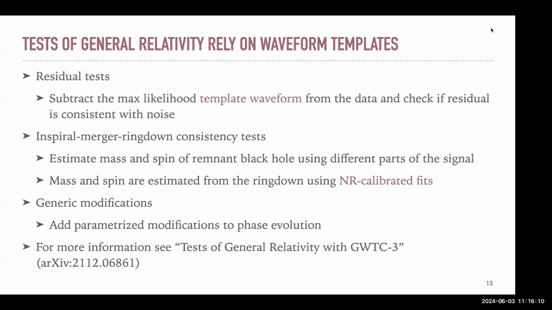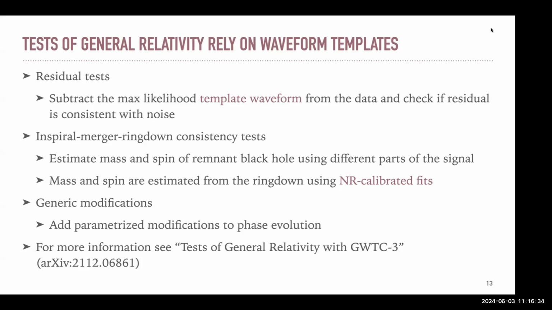But you can also directly measure the ringdown, its decay rate and its frequency, and find out the final mass and spin of the black hole. So if you fit just the inspiral and just the ringdown and get inconsistent results, that could also be a sign that something beyond GR is going on.